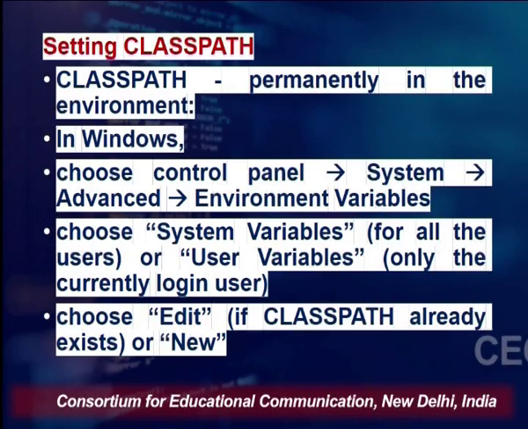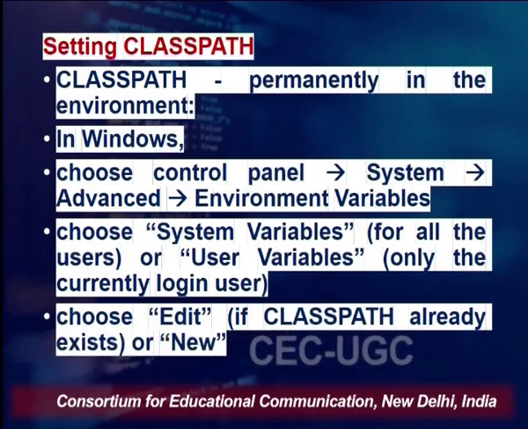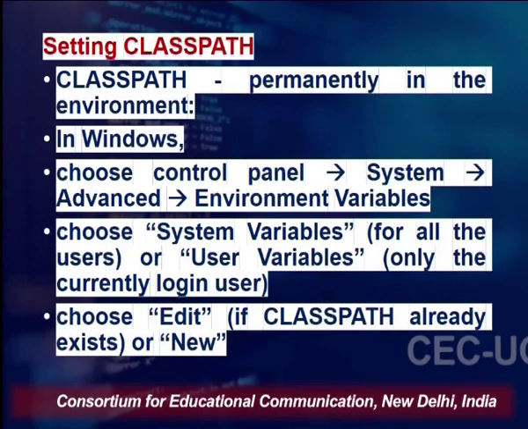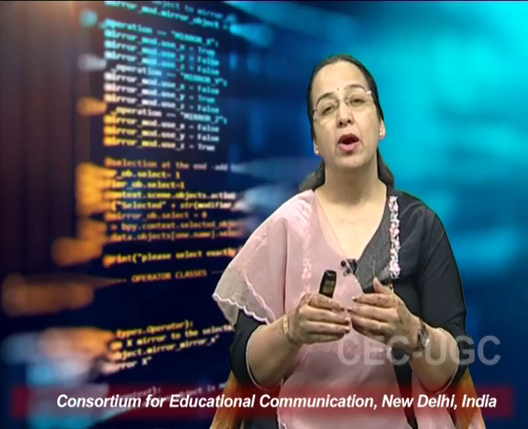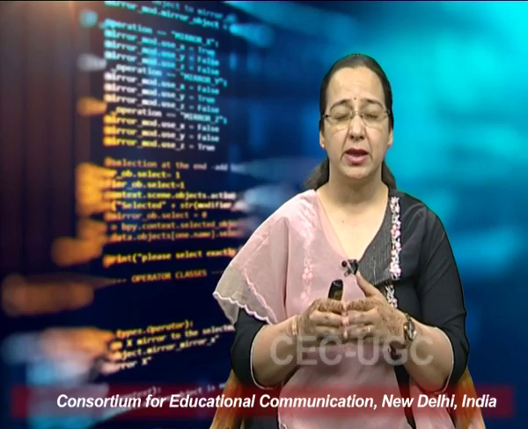So, within the environment variables, either we choose system variables or user variables, and then we choose the Edit option if the classpath already exists and we want to add more locations into it, or if it is not there at all, we choose New, and enter CLASSPATH as the variable name.